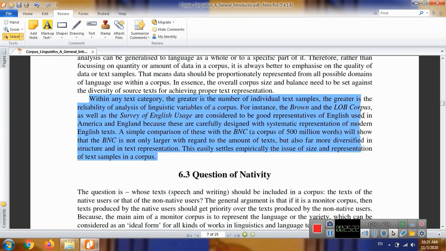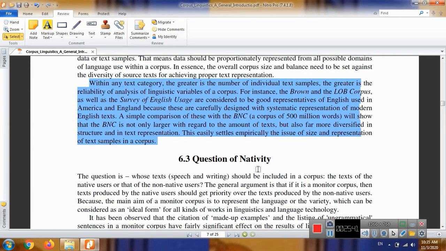For instance, the Brown and the LOB corpus, as well as the Survey of English Usage, are considered to be good representatives of English use in America and England because these are carefully designed with systematic representation of modern English text.